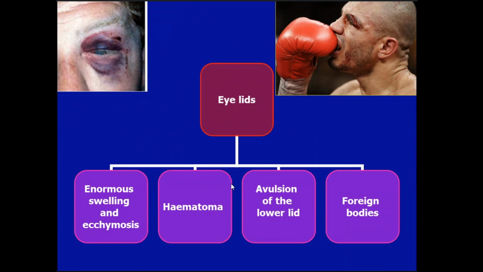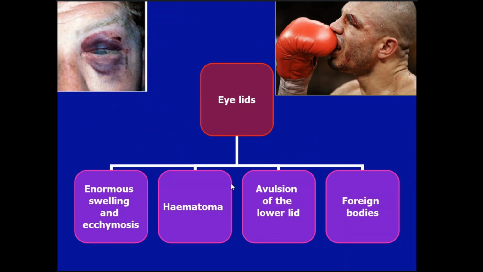Eyelids. When we see the contusion of the eyelids, we can see enormous swelling and edematosis, hematoma, avulsion of the lower lid, and foreign body.